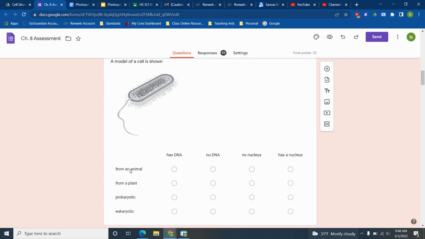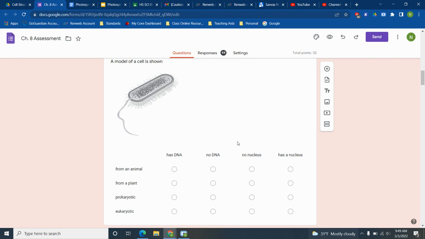So all you were supposed to do was look over here, figure out what kind of a cell it was, and then what is the identifying characteristic for that cell. That's it. One bubble, one box. One bubble was chosen.